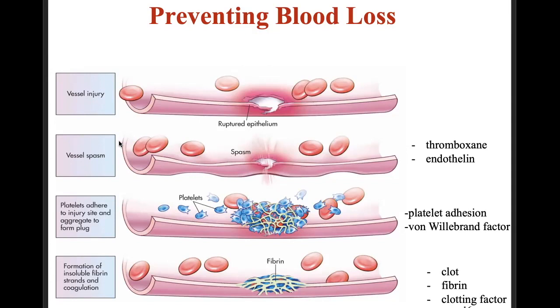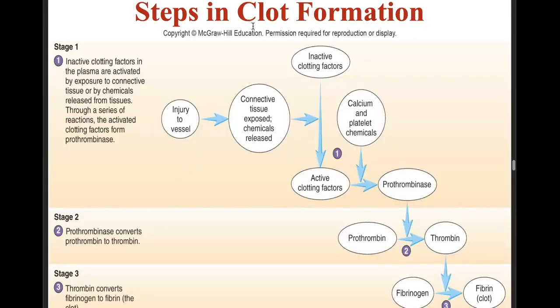Okay, so moving on here, these are the steps in blood clot formation. So what is happening here is the injury to a blood vessel causes your inactive clotting factors to become activated due to the exposed connective tissue or release of your thromboplastin. The next thing that will happen is your prothrombinase, that is your clotting factor, is formed and acts upon your prothrombin.